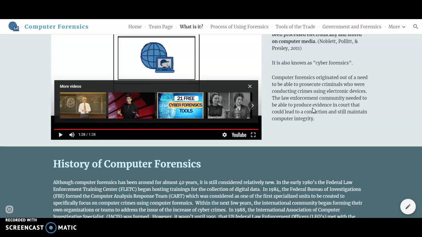The computer age is fairly new, and crimes being committed by use of electronic devices or computers, that is fairly new too. So as technology evolves, and criminals figure out ways to use certain things, law enforcement has to come back in and figure out how they are going to catch these guys and prosecute, and that's primarily why computer forensics was created.